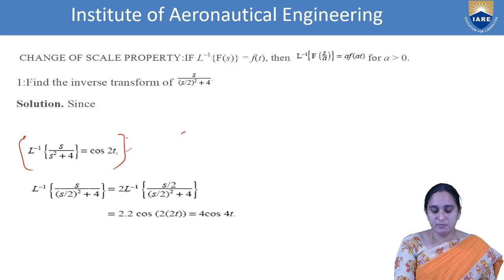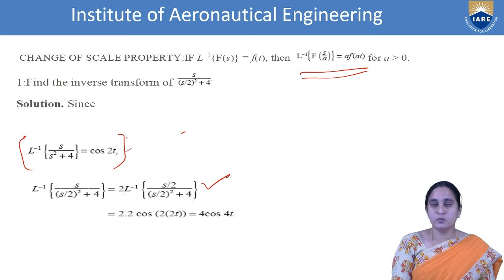I am multiplying and dividing with 2. Why? Because I want to convert it into the form Laplace inverse of f of s by a is equal to a into f of at, but here a is missing. For that, I'm multiplying and dividing with 2, that is 2 into Laplace inverse of s by 2 by s by 2 whole square plus 4.